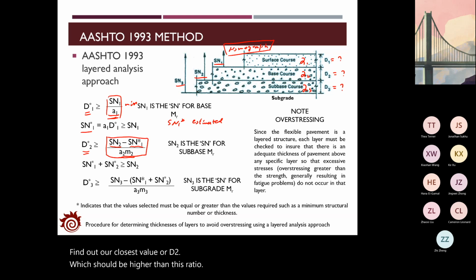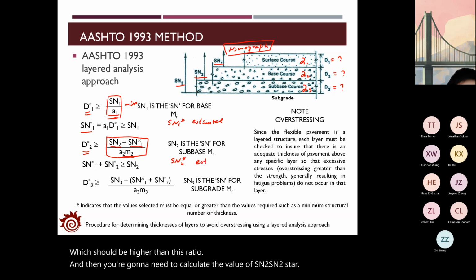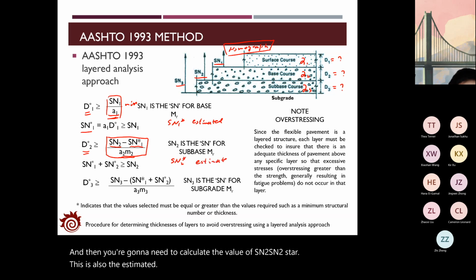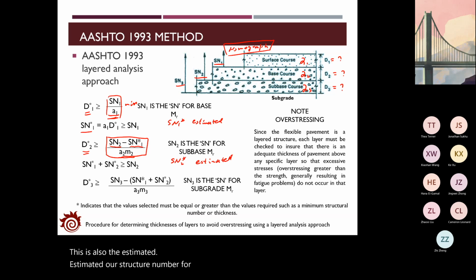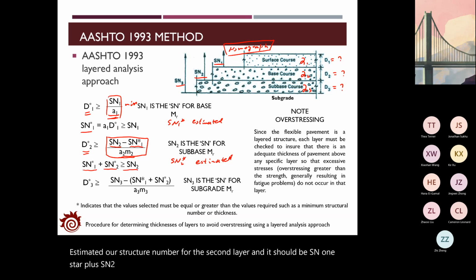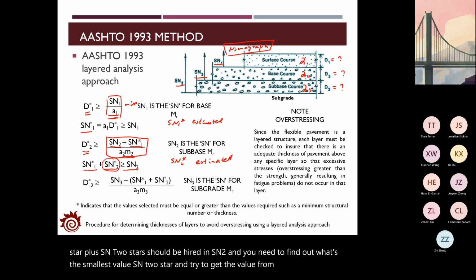And then you're going to need to calculate the value of SN2 star. This is also the estimated structure number for the second layer, and SN1 star plus SN2 star should be higher than SN2. And you need to find out the smallest value of SN2 star and try to get the value with the value of D2 star.